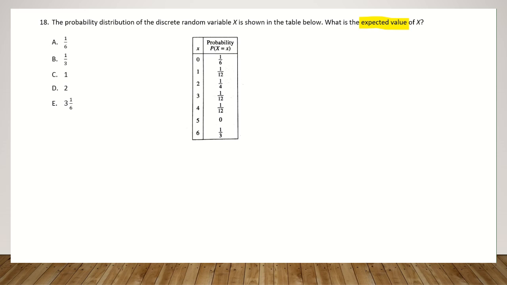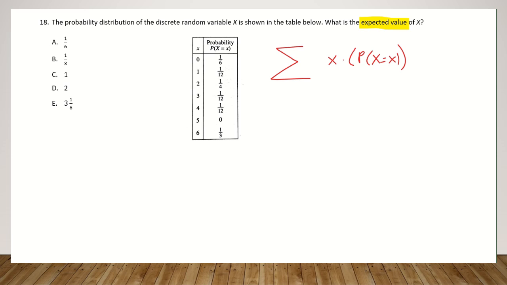So to find the expected value of x, the way we do this is you sum up. This little symbol here means sum. Each x times its probability. Okay?